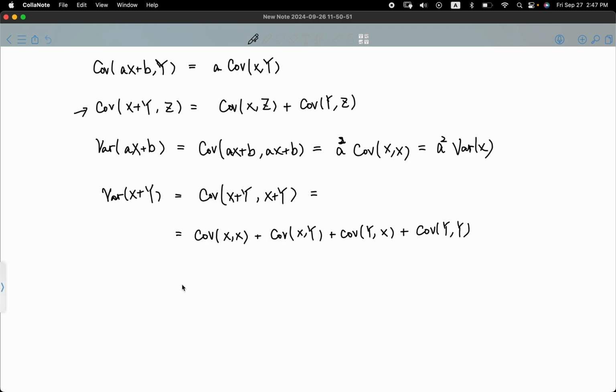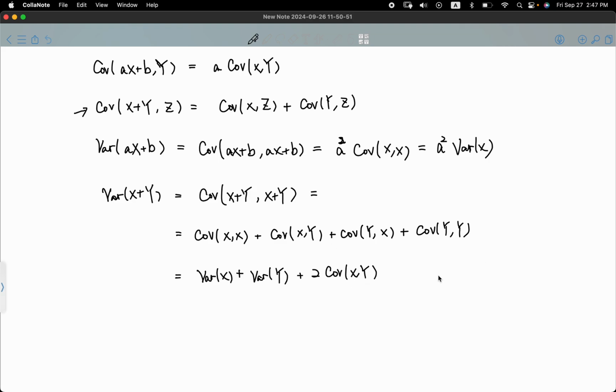So with the different combinations, you end up with the variance of x plus the variance of y plus two copies of the covariance of x and y.